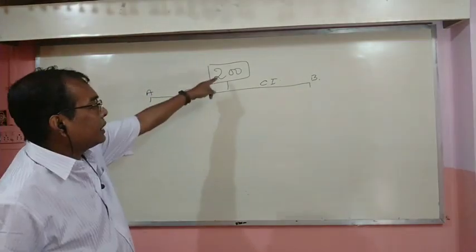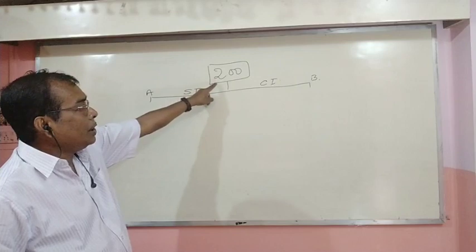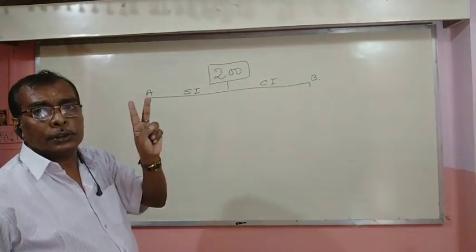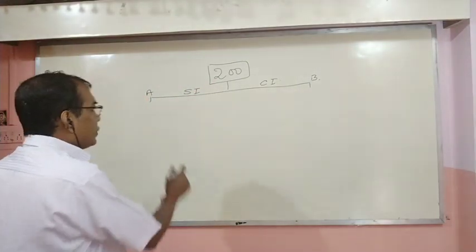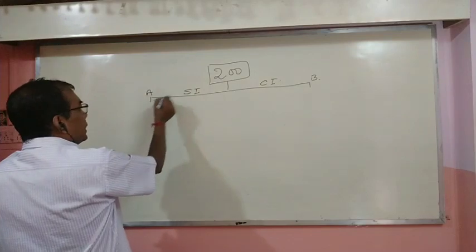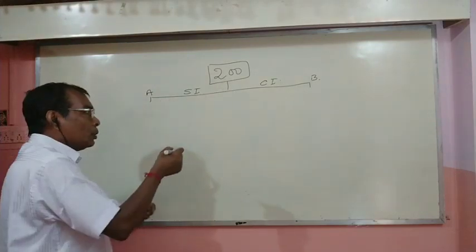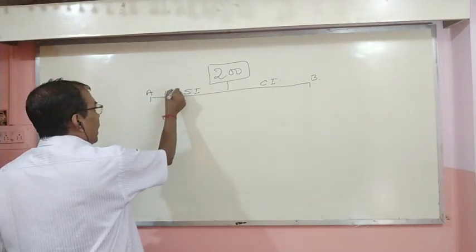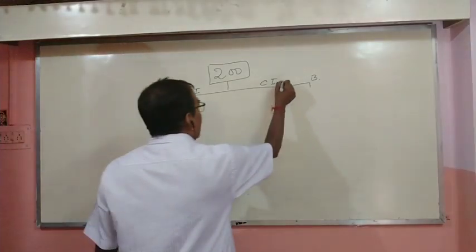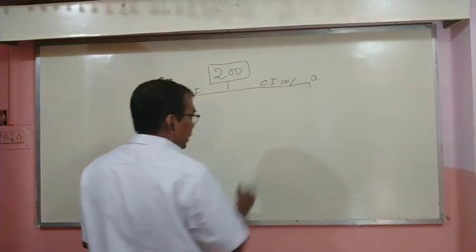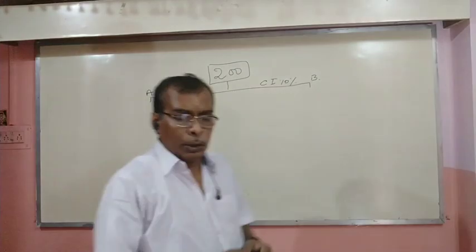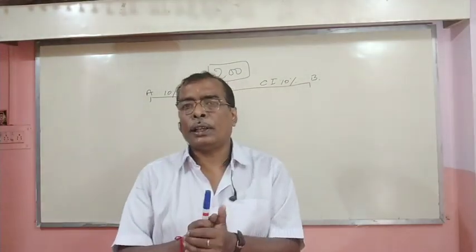Now this person has taken the loan from me for 2 years. After the first year, we are going to find what will happen. Suppose in both cases I am asking them to pay 10% interest. Why am I asking them to pay the interest?